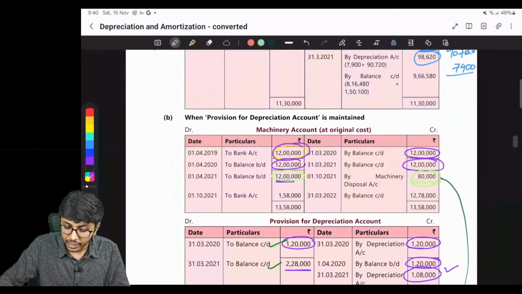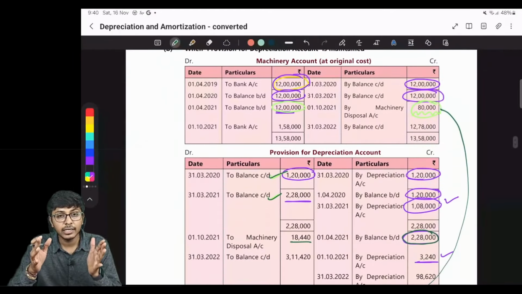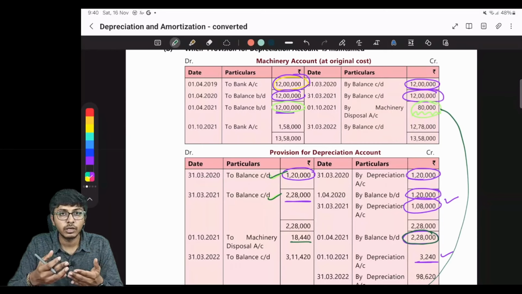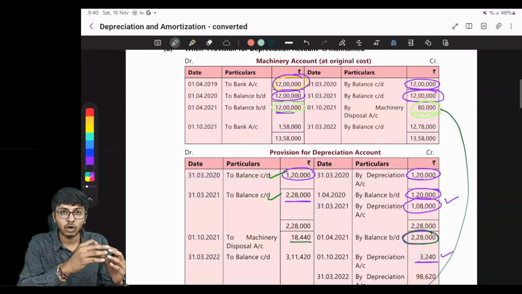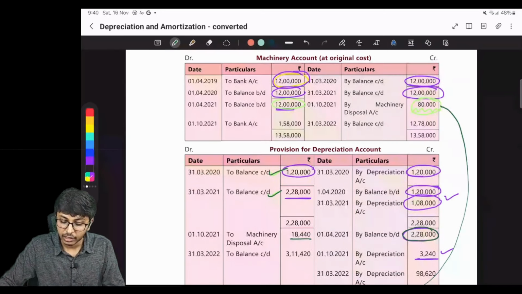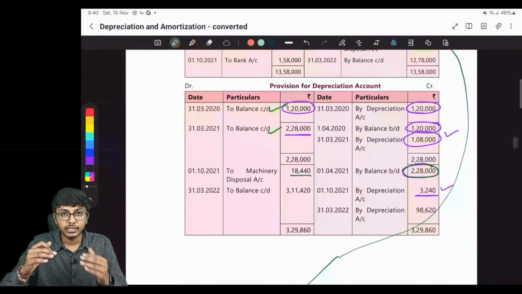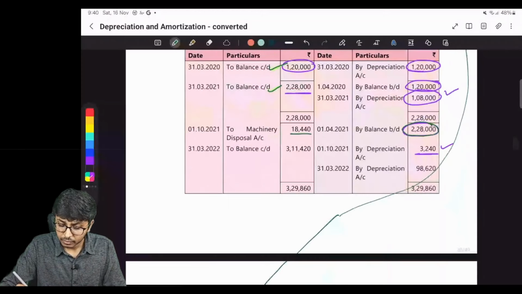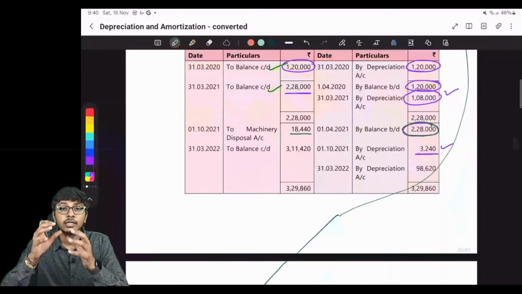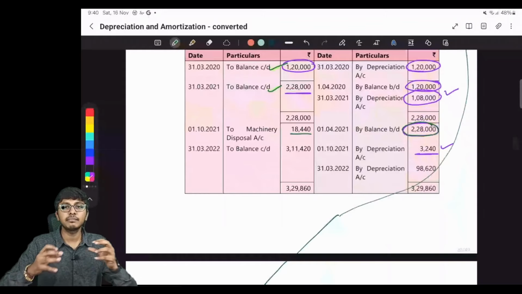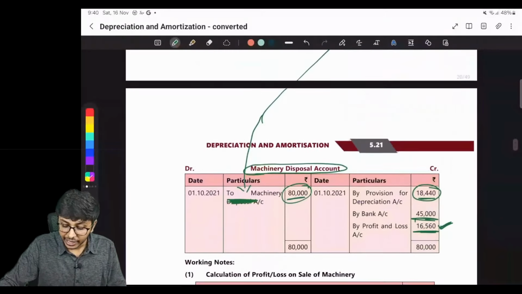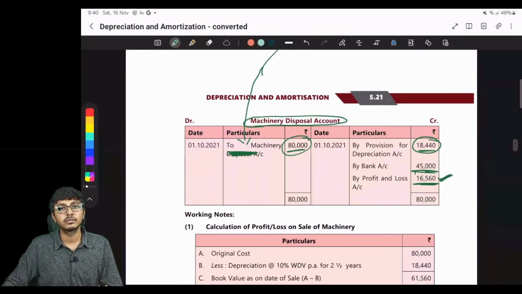In the second method, you create a separate account called provision for depreciation account. Asset balances will be constant, that means they remain at cost price. Then we sell the asset. When we sell, you transfer the asset balance to disposal account, also the depreciation balance to disposal account, and later you calculate the profit or loss.